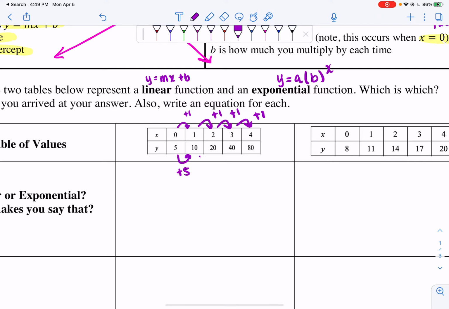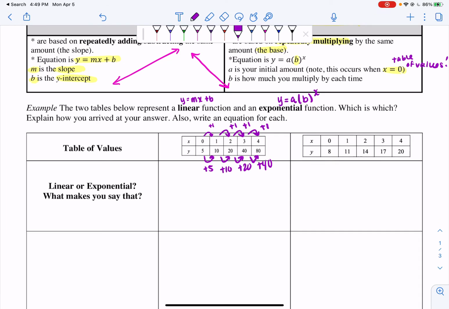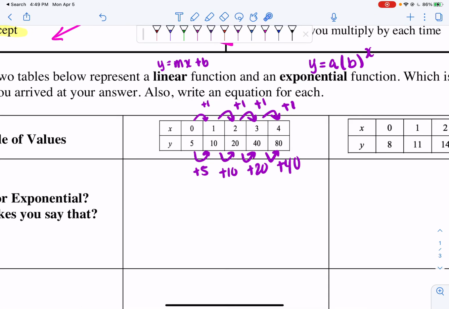Add by 5, add by 10, add by 20, add by 40. If you look at those numbers, are those numbers the same? No, they aren't. So that means this is not going to be a linear function. The reason why is because I go up by 5, then 10, then 20, then 40. So this is not a linear function.